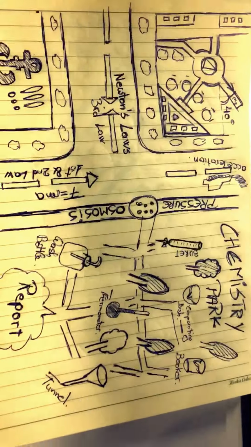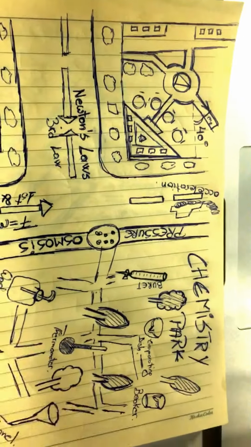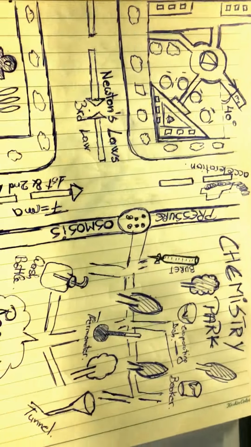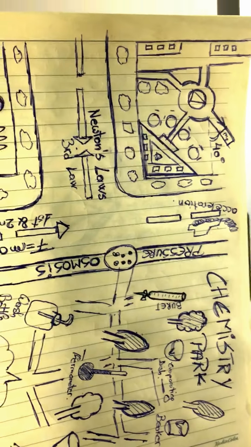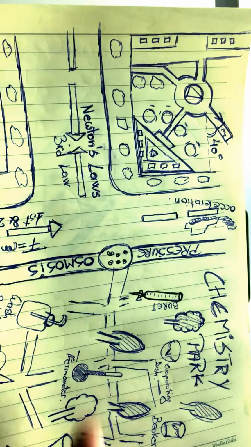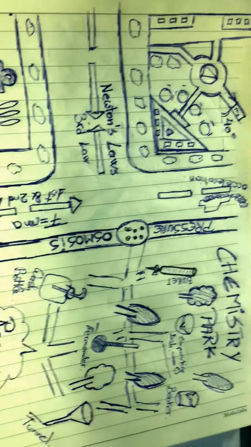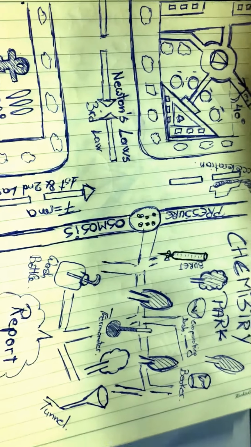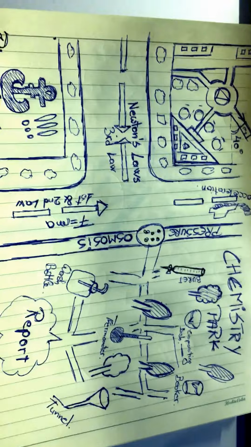If you take a deep look, you can see that in the chemistry park I've put all the chemistry equipment, so I named them all. Here is the burette, here is the beaker, here's the thermometer, here's the wash bottle, here's the funnel. The first time I had chemistry lab, I found it really hard to memorize all of this equipment, so I decided to put it in a chemistry park.